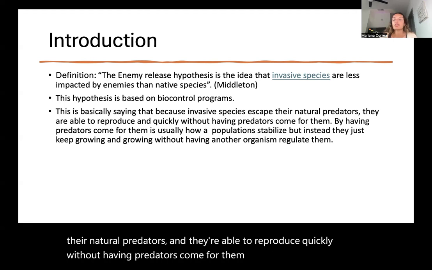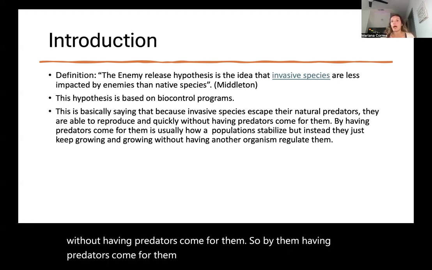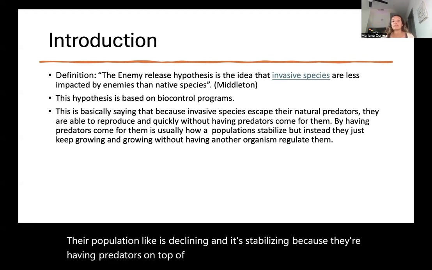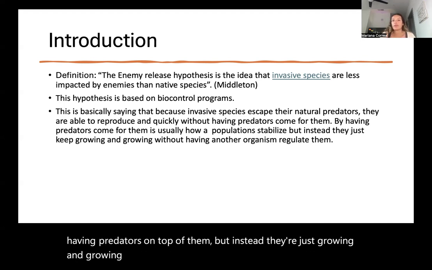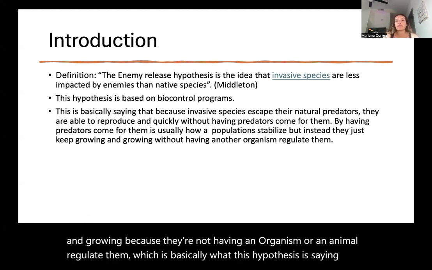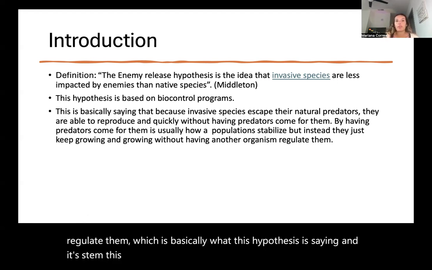Usually, having predators come for them is how it is, so their population is declining and stabilizing. But instead, they're just growing and growing because they're not having an organism or an animal regulate them, which is basically what this hypothesis is saying. And this hypothesis stemmed from the biocontrol programs.